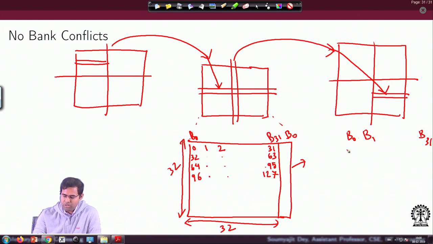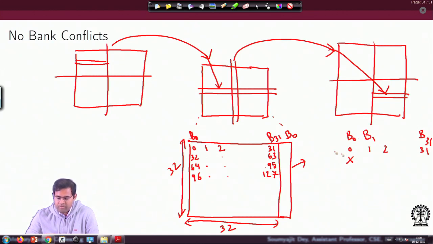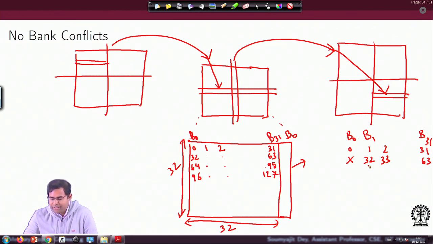I load the 0th data, first data, second data, up to the 31st data, and then I have a don't care value in B0, then the 32nd data in B1, the 33rd data in B2, and so on. Sorry, since the 32nd location is in B1, what do we have here? It has to be the 62nd location.